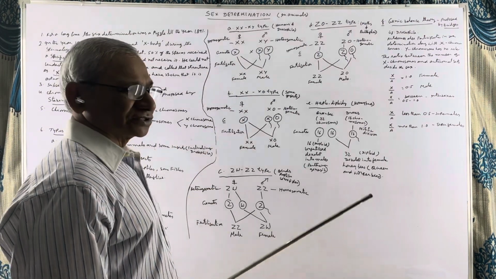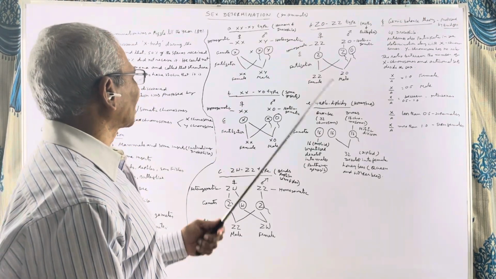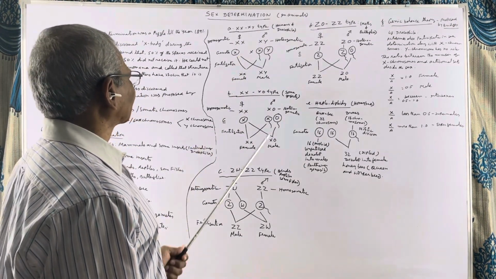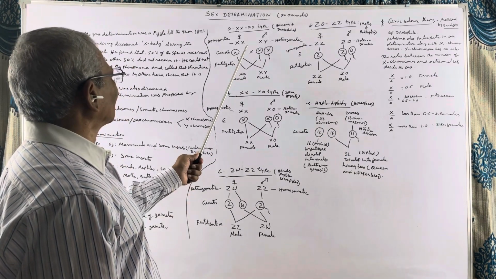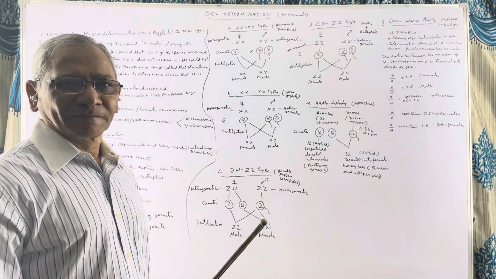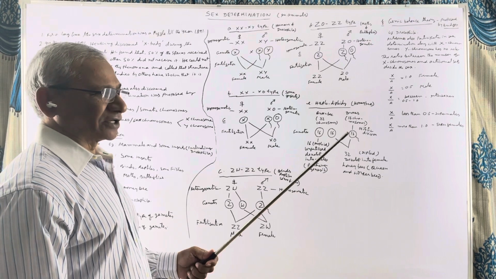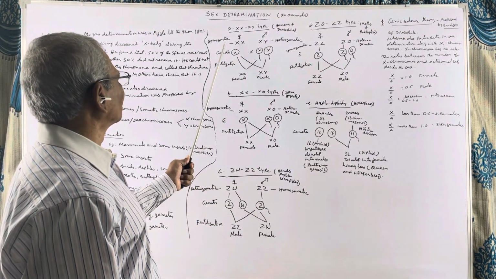So, in human beings, Drosophila, other mammals, and some insects, we come across this type of sex determination. As the autosomes are not involved in sex determination here, I have not drawn about the autosomes. I have depicted only sex chromosomes. So, females.